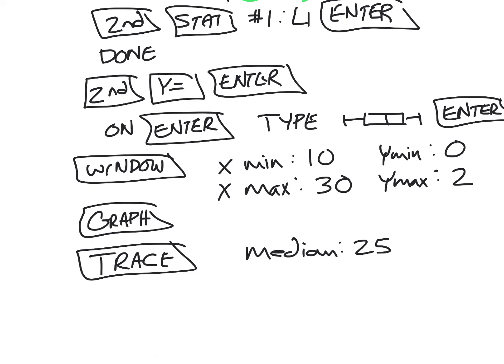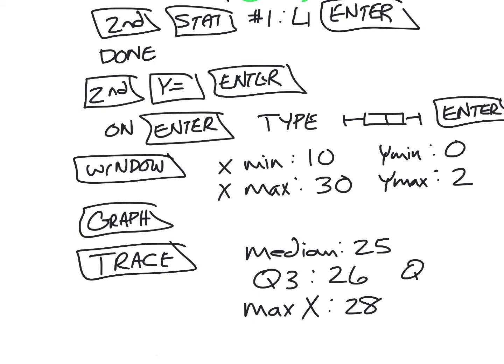If you go to the right, it gives you Q3 is 26. That's your third quartile. If you go all the way to the right again, it's going to give you your max X, which was 28. Go to the left, it'll give you your Q1 is 16, and go to the far left, and it gives you your min X of 15.